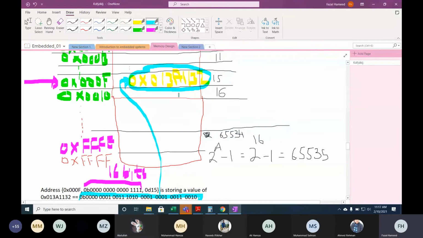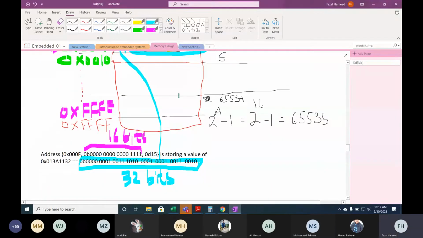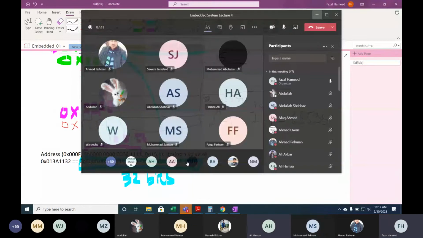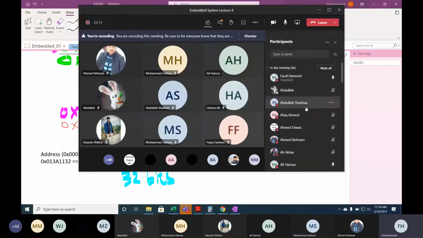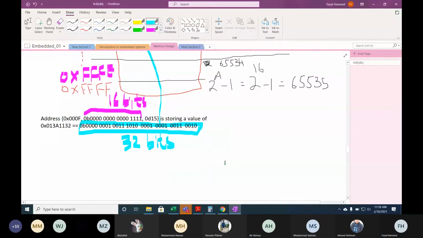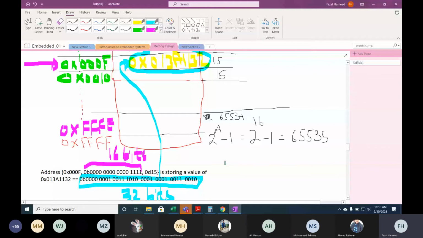Did you understand? Yes, sir. So now it is storing a 32-bit value at the address 0x000F.